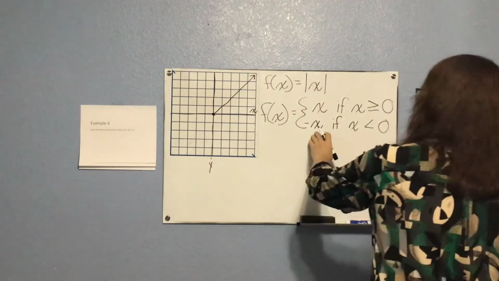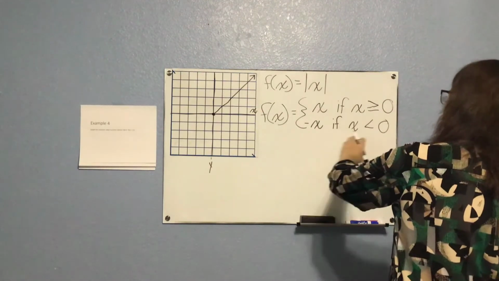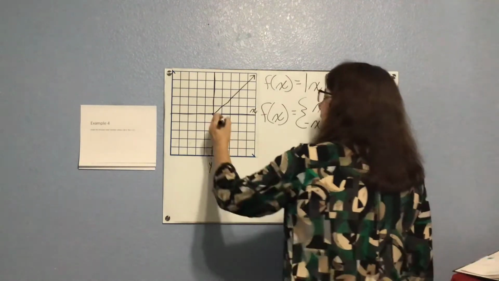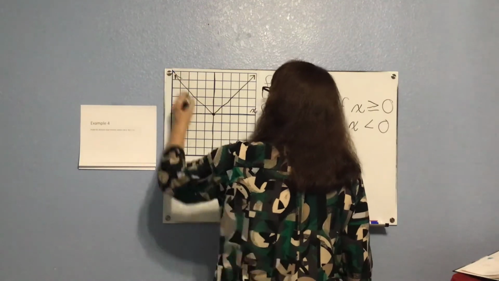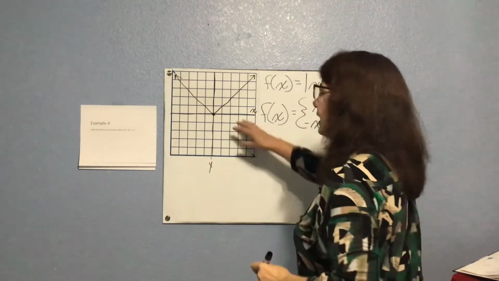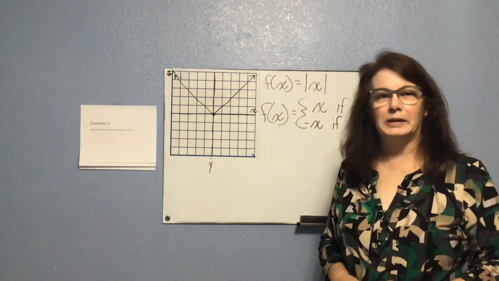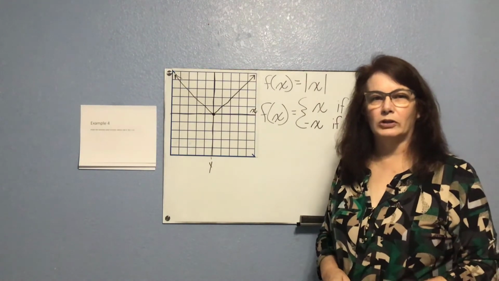For the second part, when x is less than 0, we use negative x. Well, if x is negative, then negative x is going to be positive. And so this piece will go this direction. So this is the absolute value function written as a piecewise function. Pause your video now and work on checkpoint 4.